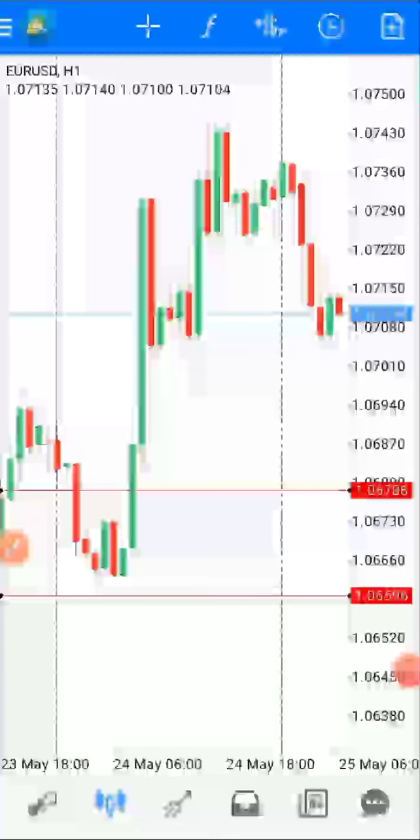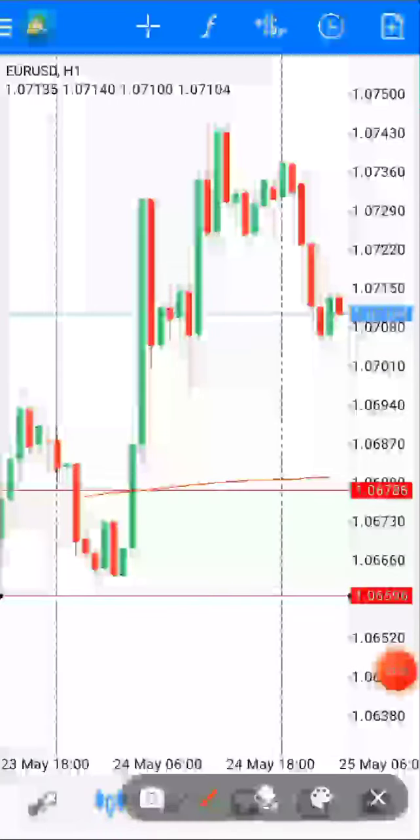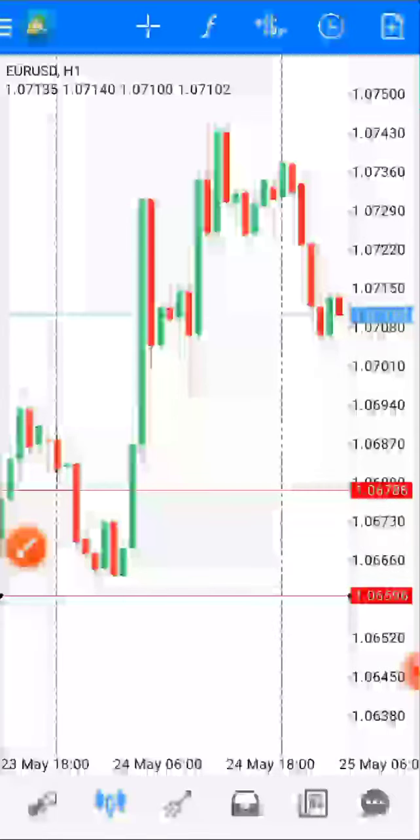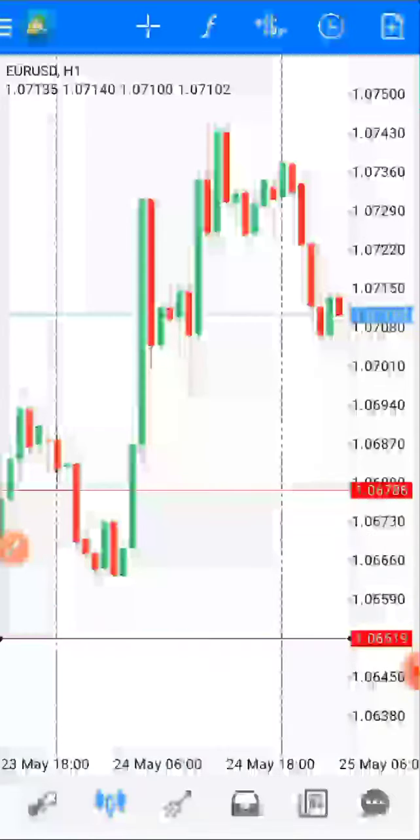Now let's say this is where you entered the price, and this is where you placed your stop loss. Having 11 pips, you have a way of calculating it, so that with these 11 pips, I'm going to lose $10. And let's say in another trade, you have a stop loss of, let's calculate this, 27 pips.